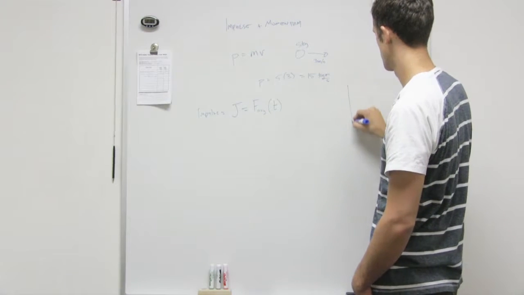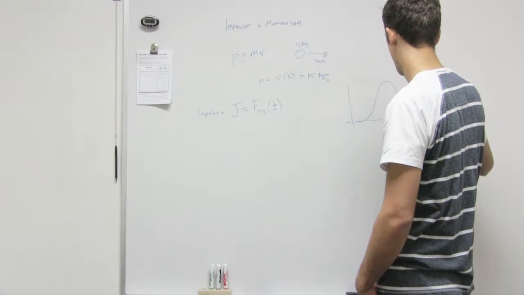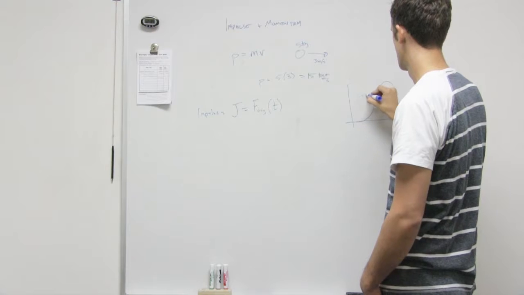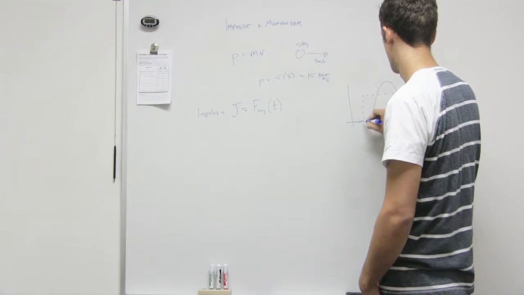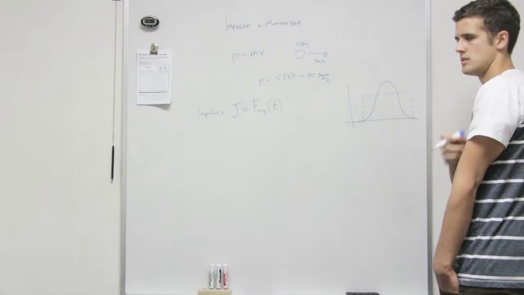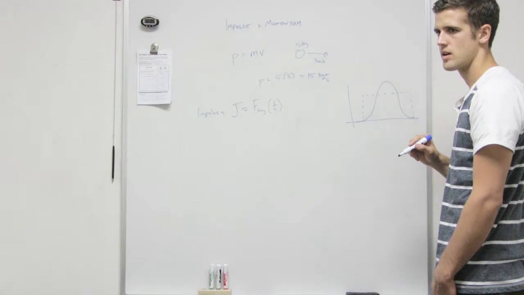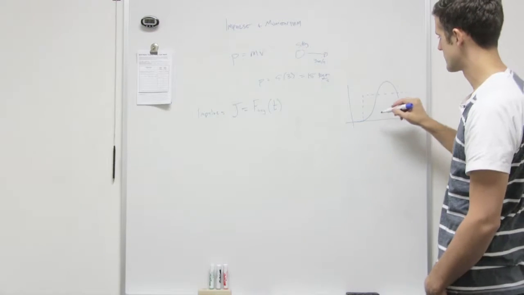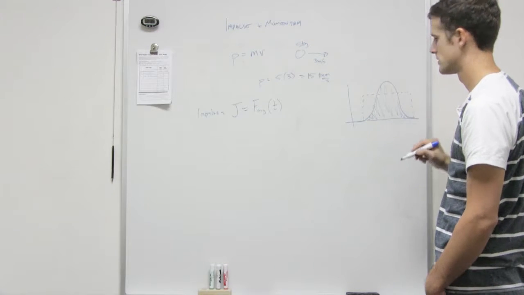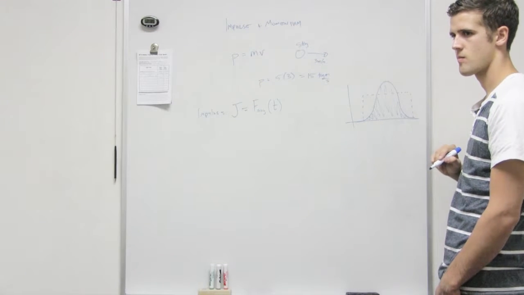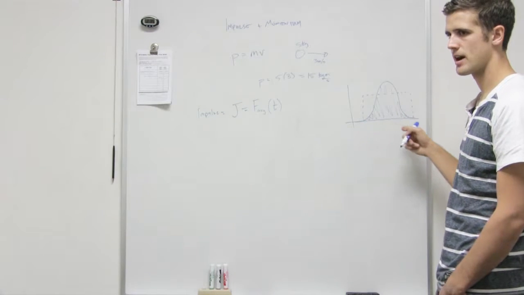And what that means is you'll have a graph like this. Whatever the average force of that graph is for that segment of time, from here to here, times that would be your impulse. So actually it's the area underneath the force time graph. That make sense? So if you want to find impulse, you find the area under the force time graph.